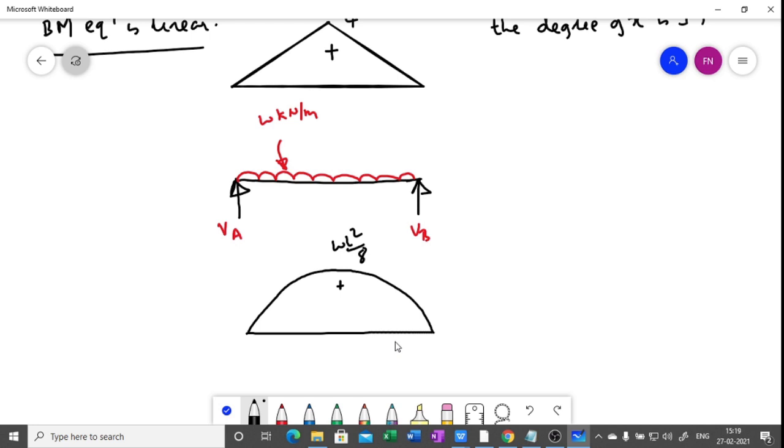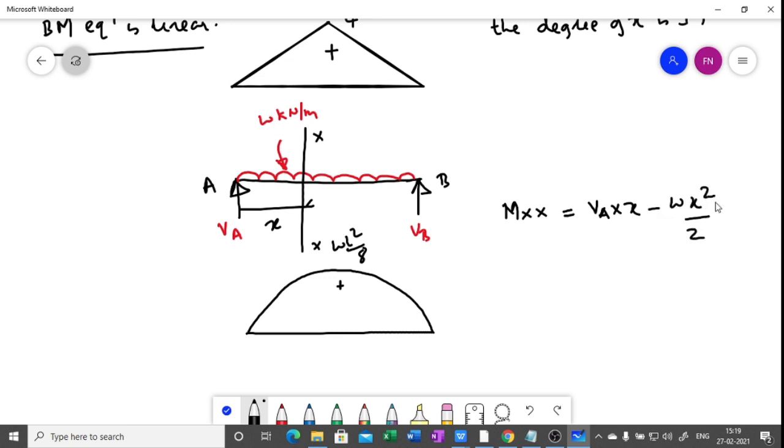Now we need to understand here why the nature of bending moment diagram is parabolic. To understand it, we have to define one section XX, which is at a distance x from A, and find bending moment at this particular section. Mxx equal to VA into x, and you also have UDL between A and the section, and UDL will also come in the bending moment equation, minus Wx square by 2.